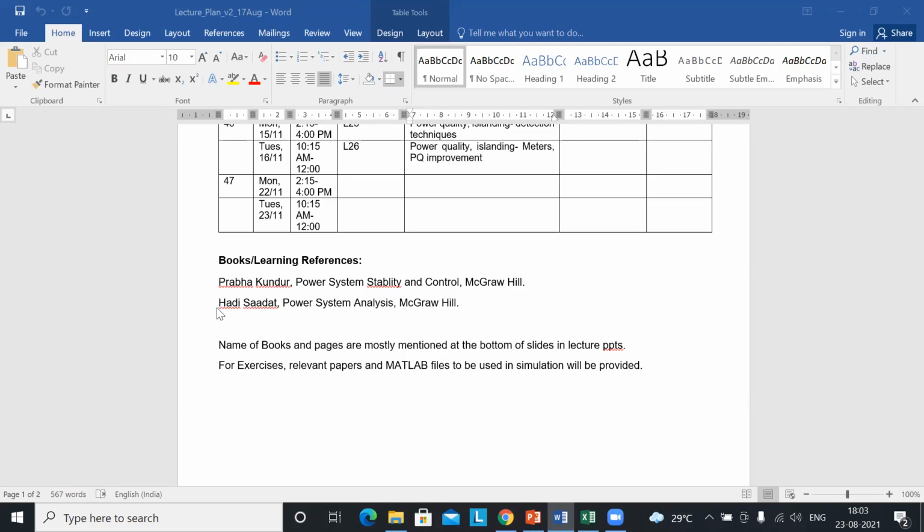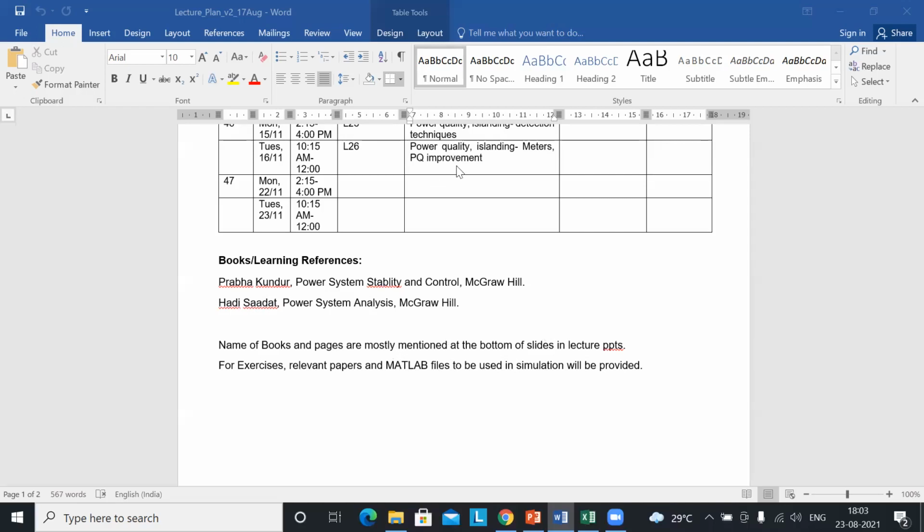Then there is another book by Hadi Saadat. They start with topics from a very basic level, and then have some solved examples using MATLAB. That could be one way of learning about system analysis or performance analysis. They have given some useful examples with the use of MATLAB for analysis of the power system, and that's why I have included this book here.